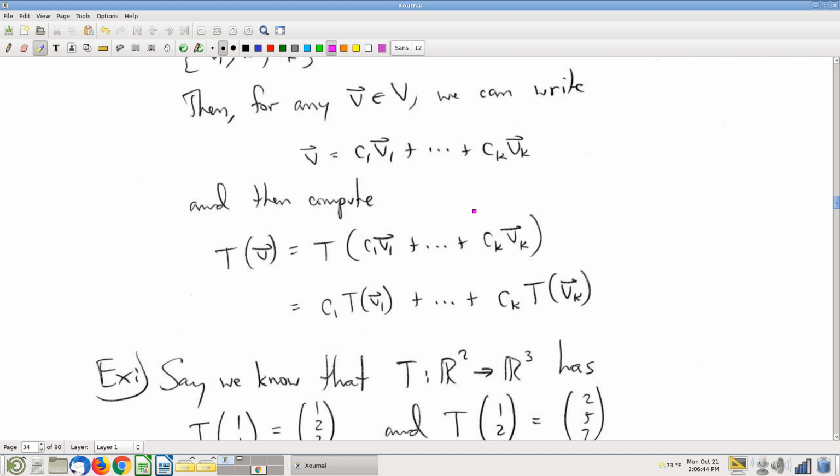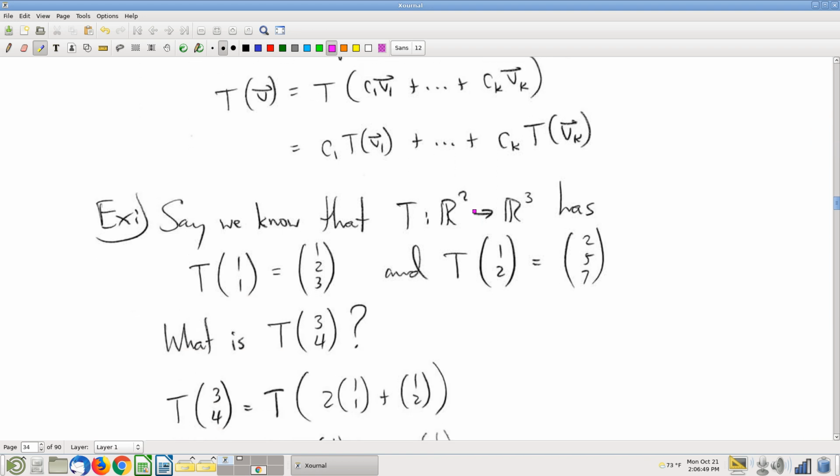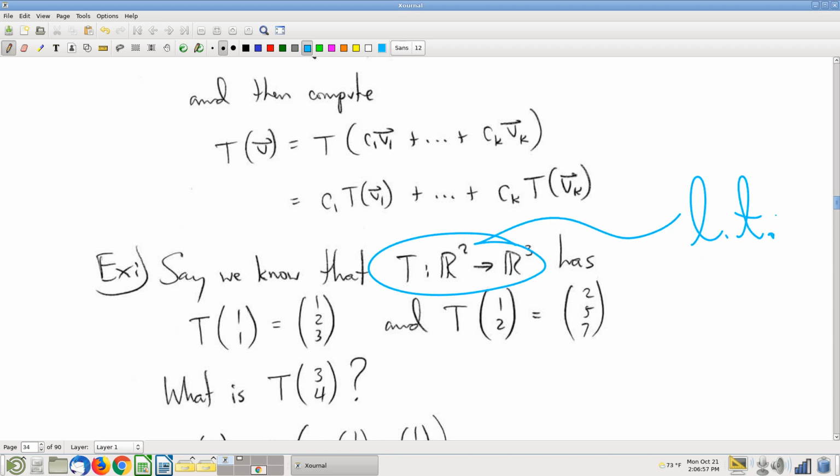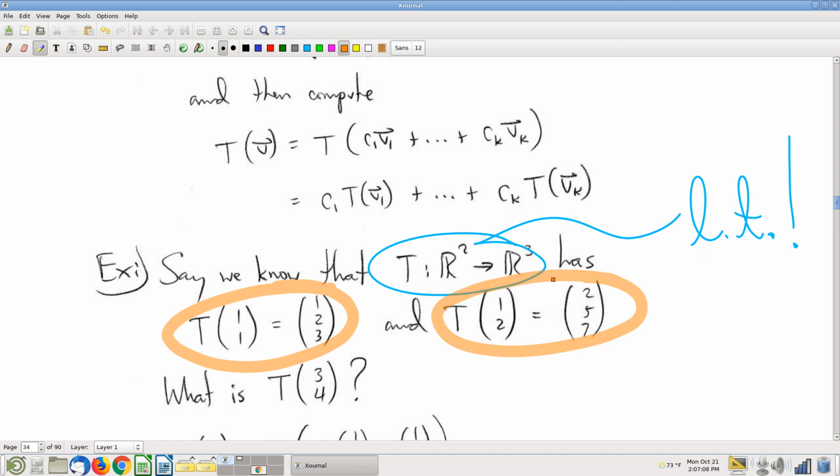All right. For example, now again, let's just see it work. Let's suppose that I've got a linear transformation. I forgot to write that down. So let's suppose that's given to be a linear transformation. And let's suppose I know the image of (1, 1), let's say, and I know the image of (1, 2).